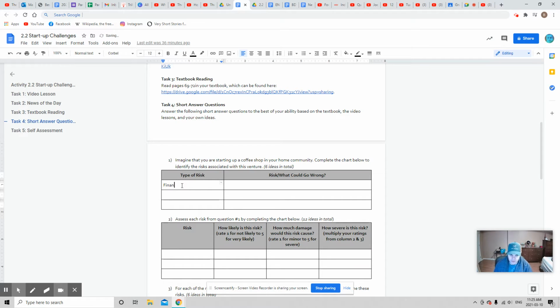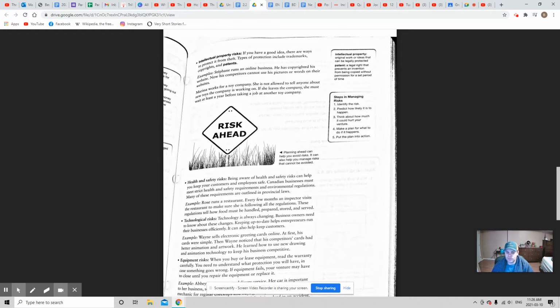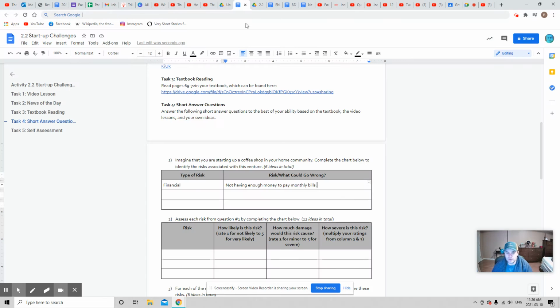So you put the type here, and then what's a financial risk that could happen or something that could go wrong? Say not having enough money to pay monthly bills. That's definitely something that could happen and something that you don't want to happen in the business. So then you just pick 2 more risks, say health and safety.